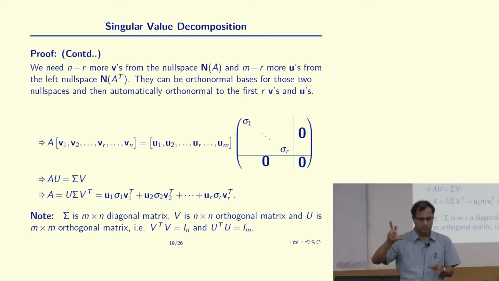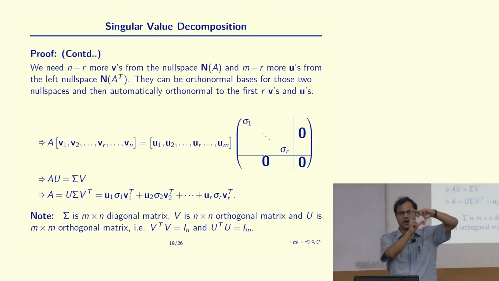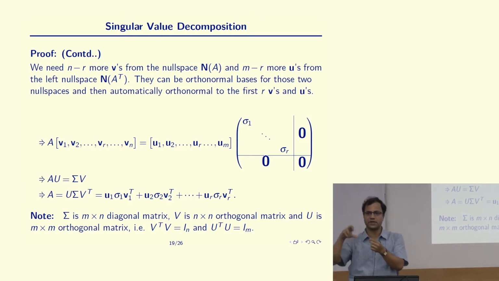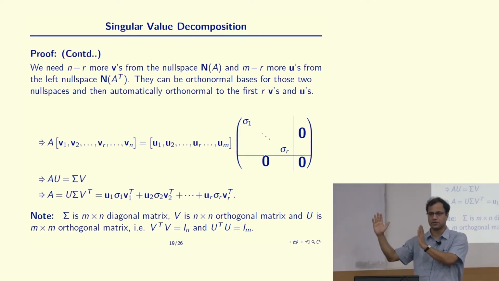But one final thing is left: for the left null space, how should we choose the vectors? The first r vectors go to the column space, and the last n minus r vectors go to the zero vector. Then we will have the complete set, and the U matrix will also be complete.